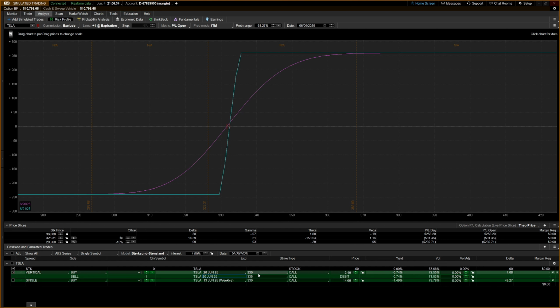So if you were to buy Tesla at $330 and sell it immediately for $335, what would you profit? $5 minus whatever you paid, right? So if this actually does go in the money and you do get exercised, then you exercise your right to buy it at $330, and you're going to make $260.